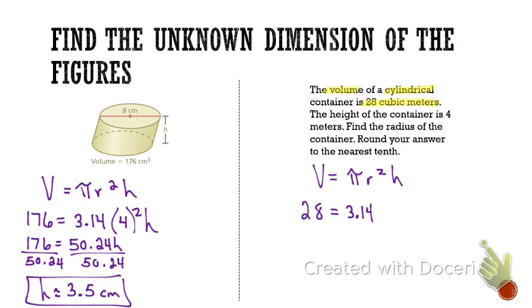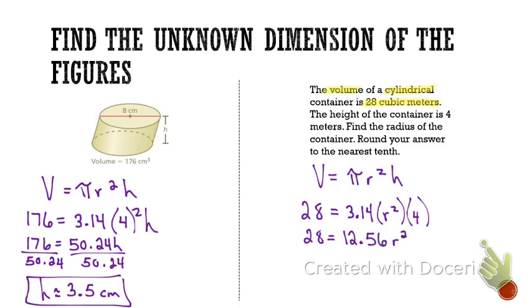No. So times r squared times the height, which is 4. Okay, now in order to solve for radius, I am going to condense what I can. So 3.14 times 4 is 12.56. 28 equals 12.56 r squared.